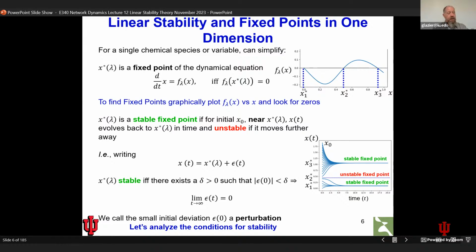And again, x star is a stable fixed point if I move a little bit away from my initial value of x star, and I come back, and unstable if I move further away.